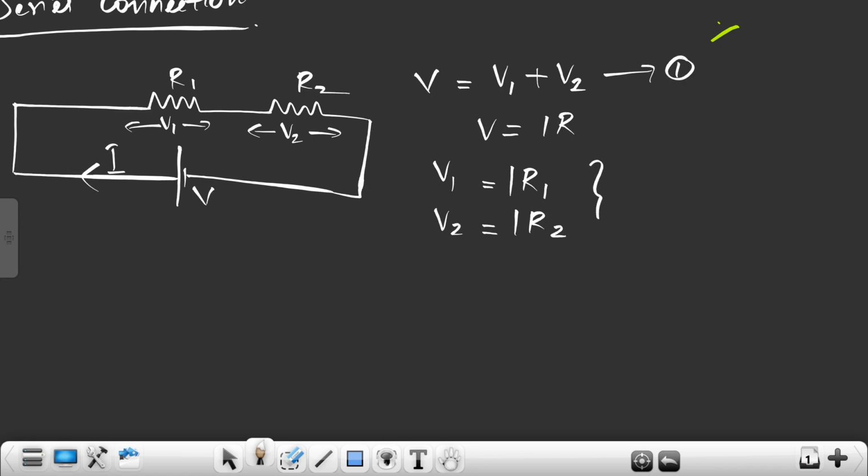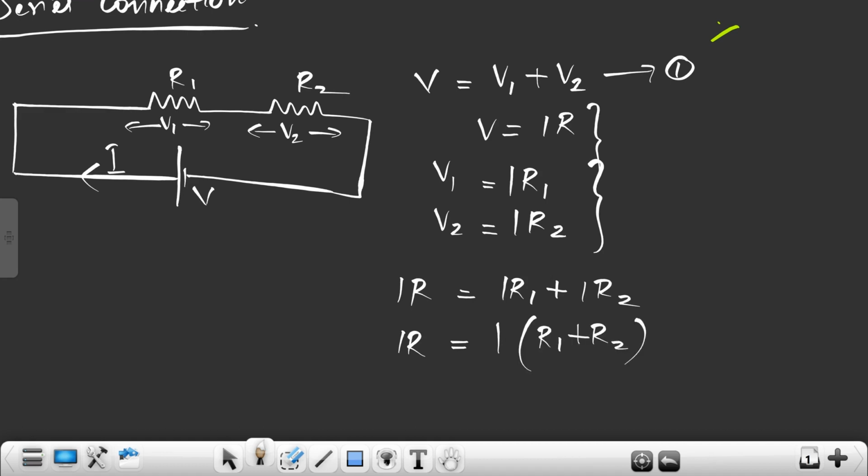When we apply both of these to our first equation, we get IR is equal to IR1 plus IR2. So IR is equal to, if we take I as common, I into R1 plus R2.